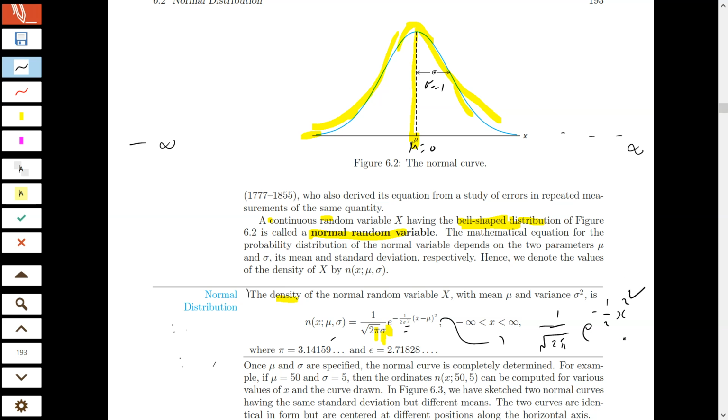If this was not squared, right, then this shape would look like this, because you know how the exponential looks like. It will look something like this with a negative one. And if this was positive, it would look something like that, right?